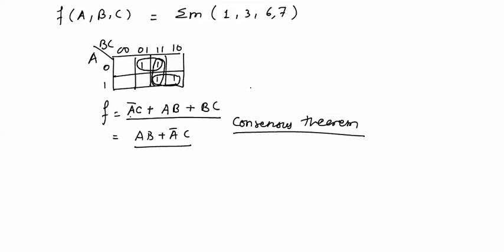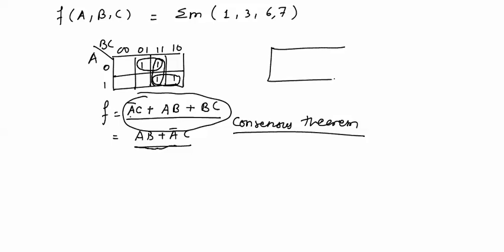But according to the definition of K-map, the expression obtained from a K-map is already in its most simplified form, yet we have simplified it further using Boolean theorems. So this cannot be the most simplified form, which means we have committed a mistake somewhere.